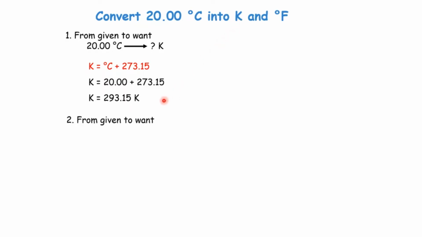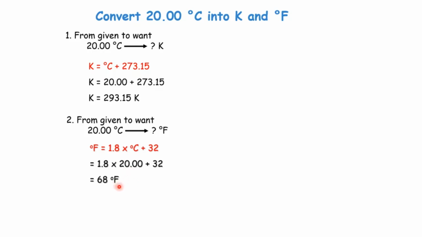Then the second part. So what is given? Again, that's 20 degrees Celsius. And what is wanted? What do we need to find out? The temperature on the Fahrenheit scale. And we have to use this equation. So we know Celsius, and then we find out Fahrenheit. 20 degrees Celsius, and now we get 68 Fahrenheit.